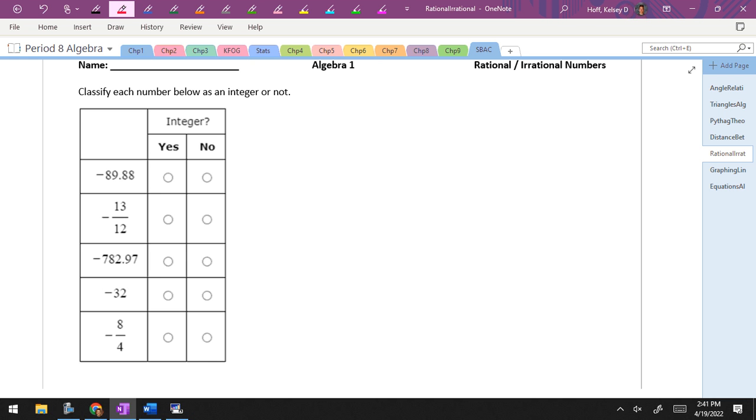Positive or negative whole number. So we should not have decimals, correct? Negative 89.88. No. 13/12. No. Negative 782.97. No. Negative 32. Yes. Negative 8/4. Yes. This is what Caden was asking me. Can I simplify? Always. Always actually divide that if you can. Negative 8 divided by 4 is a negative 2, which then, yes, is an integer.